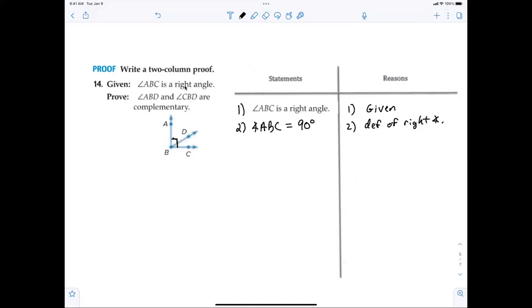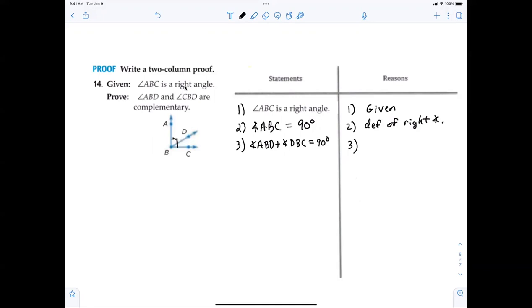So now what? Anybody want to be brave? Yes, good for you, Sebastian. Thank you. Say it loud and proud, buddy. Angle ABD plus angle DBC equals 90 degrees.